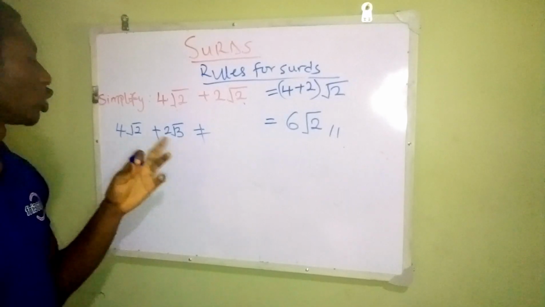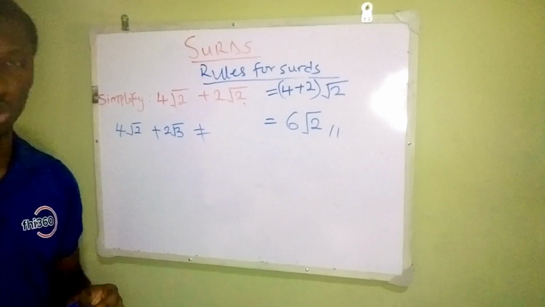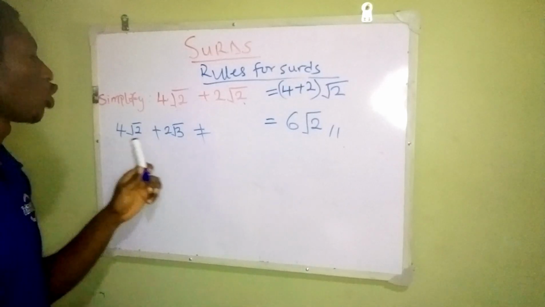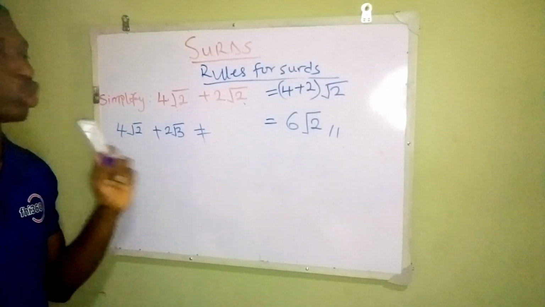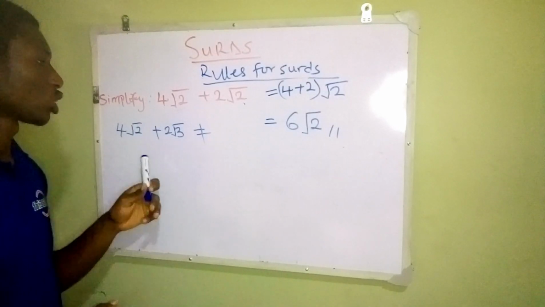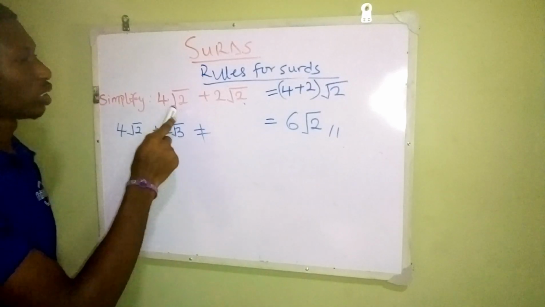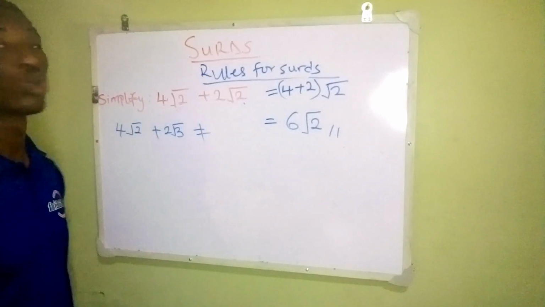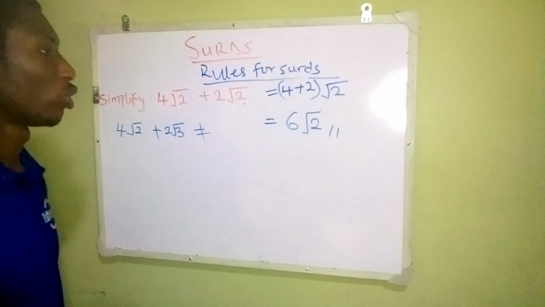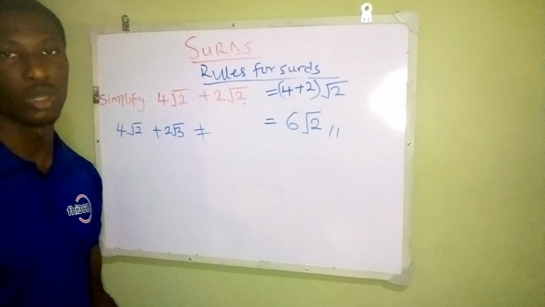So in such kind of questions, the addition rule will not work. So for an addition rule or for a subtraction rule, the terms within the square root must be the same for it to apply. They must be the same.